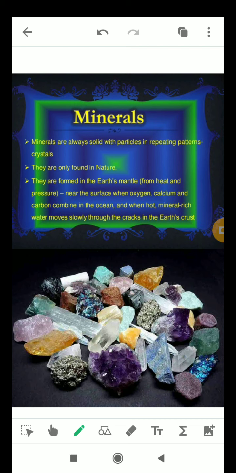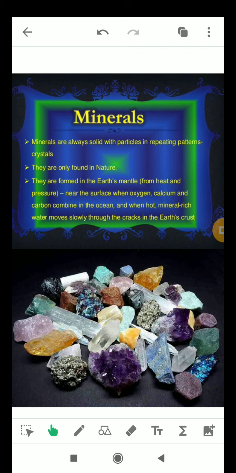They have definite physical and chemical properties. Most minerals have a crystalline structure, and the size of these crystals may vary depending on the conditions under which these rocks form. Here you can see the picture of some minerals formed from rocks.